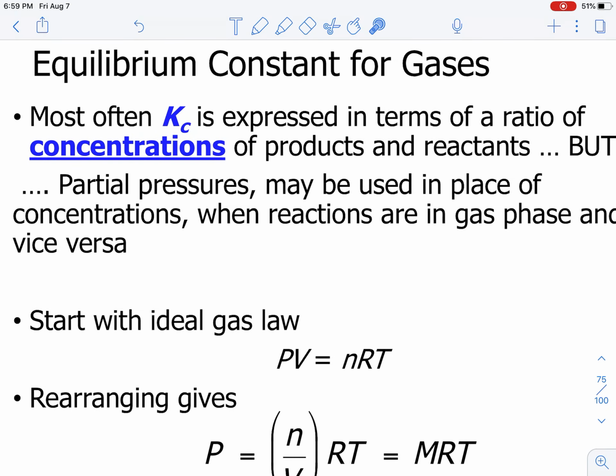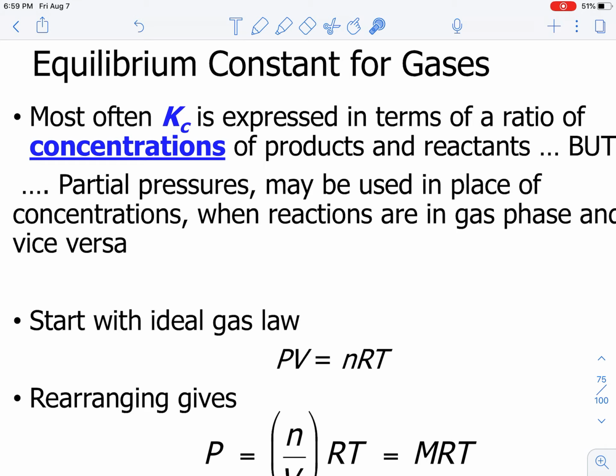And so when we're discussing the equilibrium constant for gases, there's going to be two different types. It just really depends on the unit of amount that we're using. If we are utilizing concentration, then we're going to express that equilibrium as Kc.